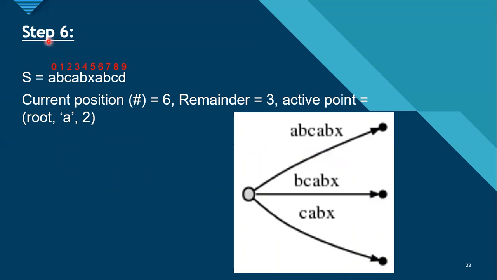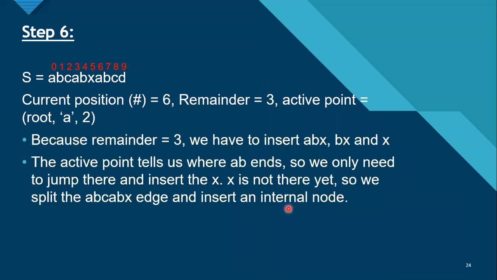So moving to step 6, a new step, we have to increment the remainder. Remainder becomes 3. Our current position is 6. Our active point from the previous step is root A2. We are now processing the character X. So we start by appending X to all of the existing edges. Then because the remainder is 3, we have to insert the final 3 suffixes from the current position 6.